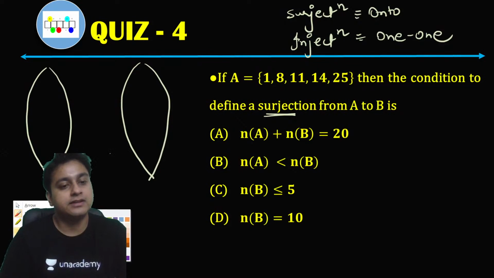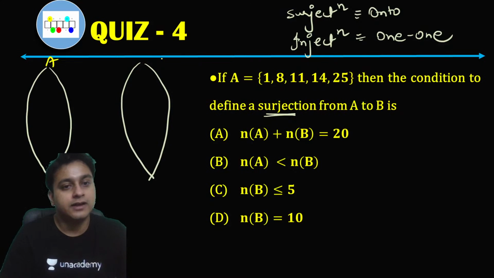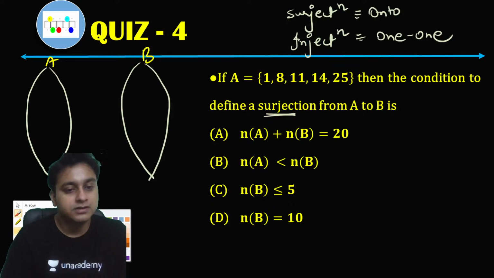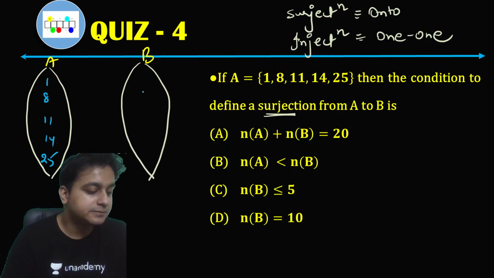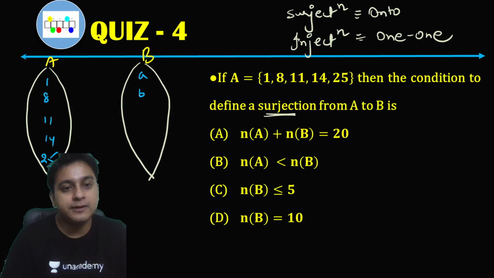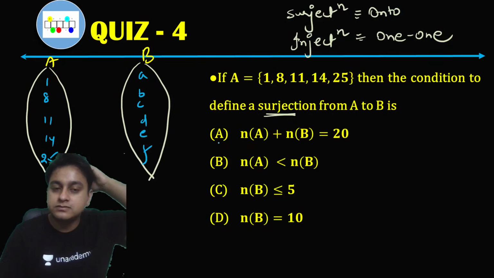See, guys, if I have set A and set B. Now Lokesh, your answer is correct. See, guys, let's suppose if I put here 1, 8, 11, 14, 25. Okay. So, guys, let's suppose you have 6 elements in B: A, B, C, F. Can it ever be onto? Tell me.